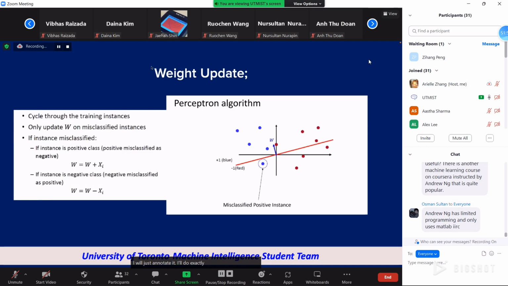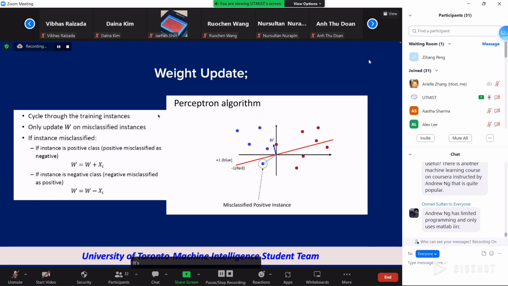How exactly do I do it? Okay, that's good. I'm just going to draw on the screen over here. So let's say that we want to update this misclassified positive instance. Can somebody answer me: do we add the xi, which is the dot's direction, or do we subtract it?